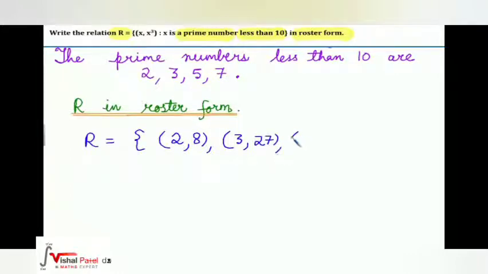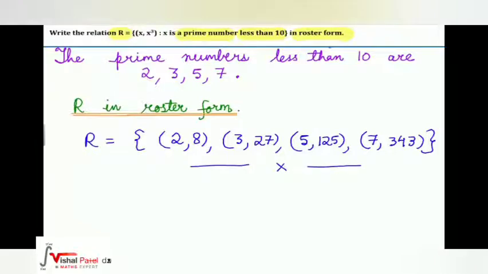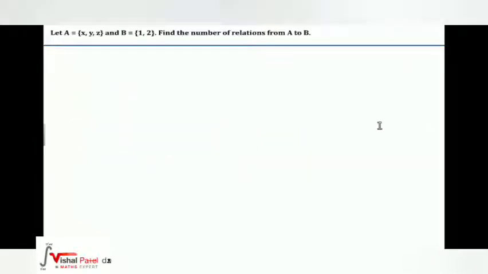The third is 5 and 5 cube is 125. And the fourth is 7 and 7 cube is 343. Right? Sorry, 343. So these are the 4 possible relations. If you want to find the domain and range, you can also find them using the first element and second element. Right? Now move on to the next question.